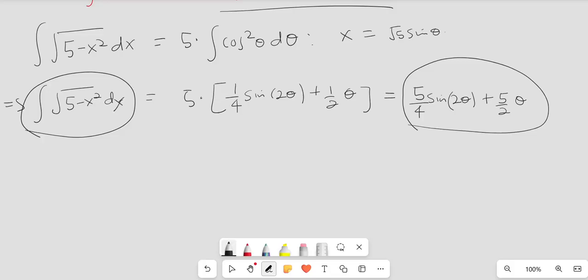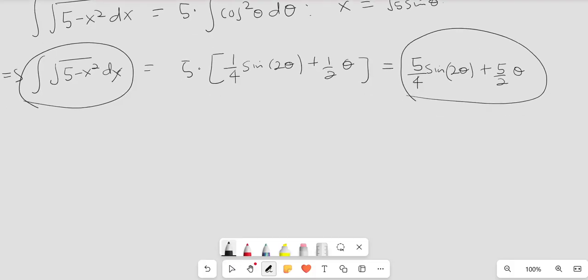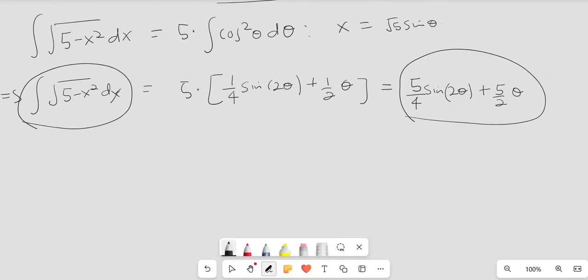So we have to move from the theta world into the x world. So we have to find what theta is, but we know that x is the square root of 5 sine theta. If x is the square root of 5 sine theta, then sine theta is equal to x over the square root of 5.